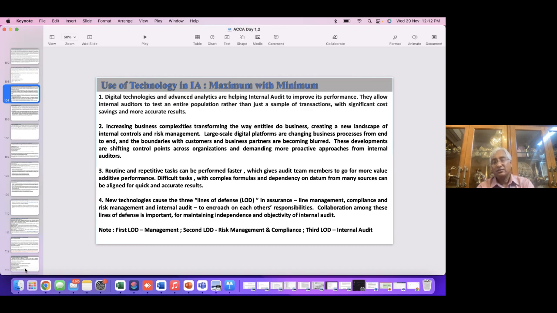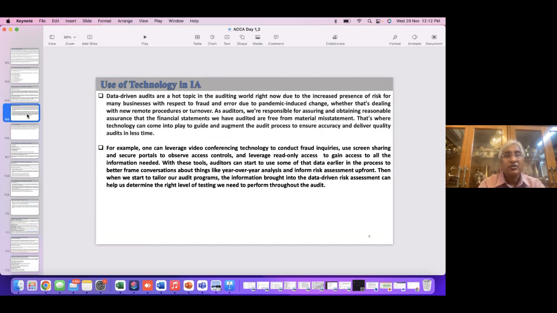Suppose when these transport bills are generated, whether all the compliances are being made or not. That again is a part of the job for the second line of defense. And the third line of defense is the internal audit, who can check. Now there is no sampling, as I'm mentioning. They can check the entire database and come out that the entire company is complied with in 100% of cases. So this is again a great achievement with technology usage.